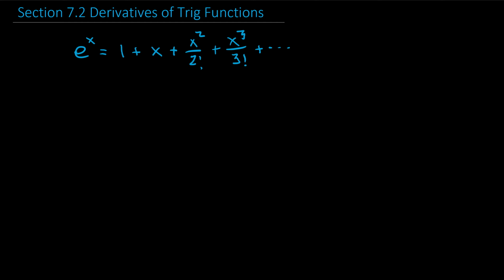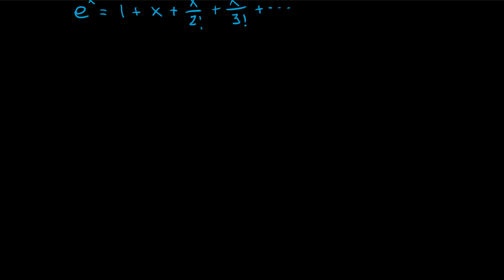Now, the nice thing about writing them out like this is you can then see how the derivatives relate and come about. The way that you can define cosine is that cosine of x is going to be equal to 1 minus x squared over 2 factorial plus x to the 4th over 4 factorial minus x to the 6th over 6 factorial.